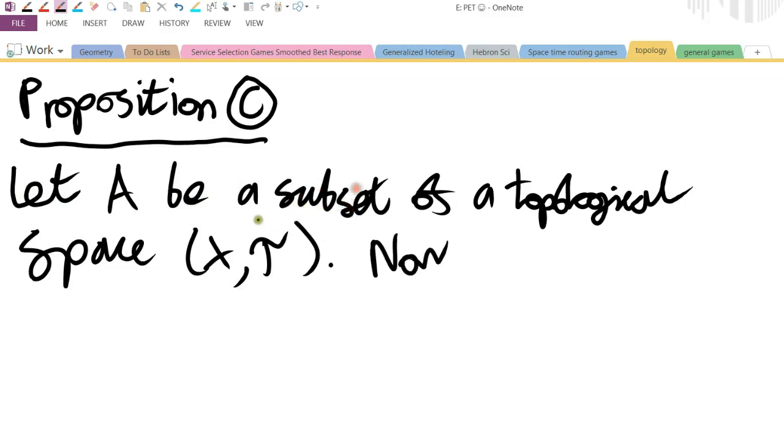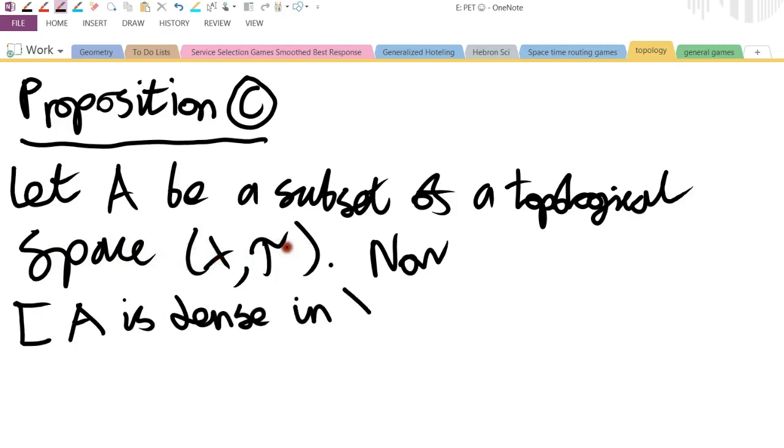Now we have that A is dense in the space X if and only if every non-trivial open set intersects with A.